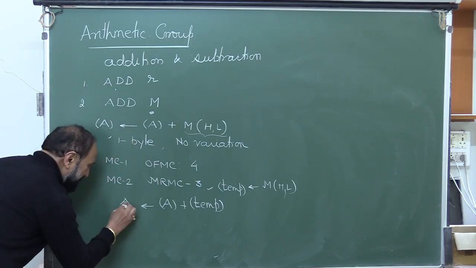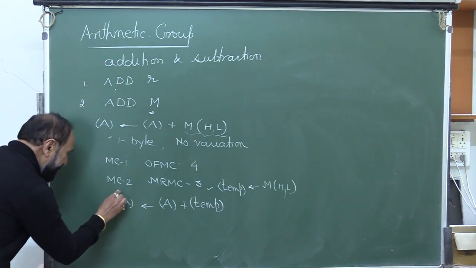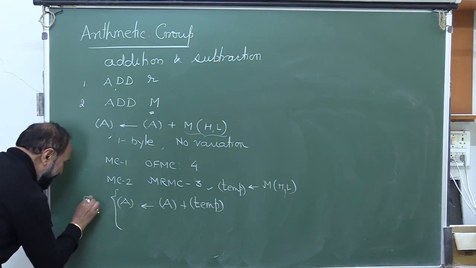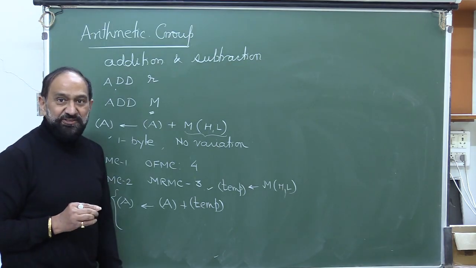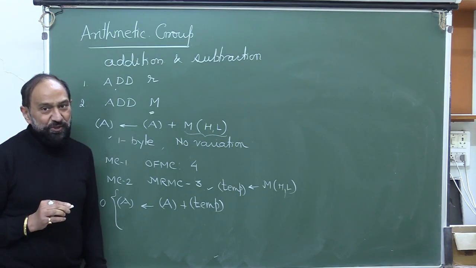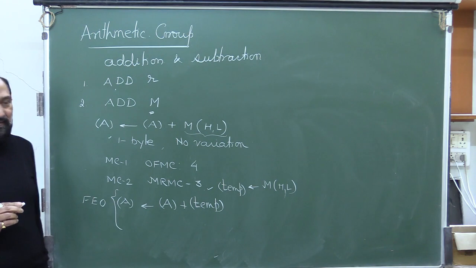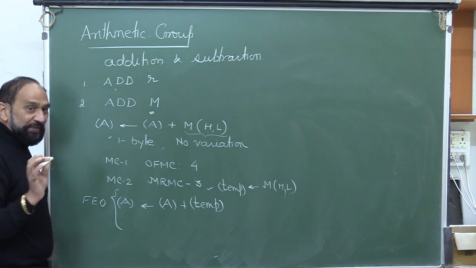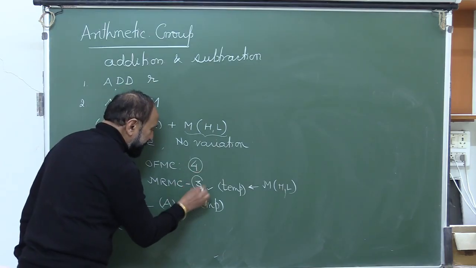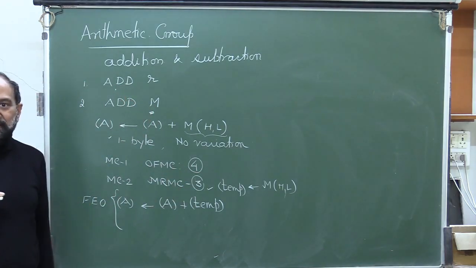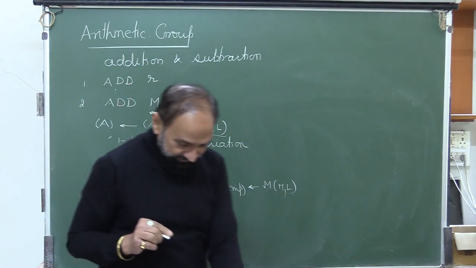This operation takes place and result is stored in accumulator. This action takes place during fetch execute overlap, because this does not involve the use of external buses, only the internal data bus is required. So from the calculation point of view, you can see 4 states plus 3, 7 states are required for the execution of this instruction.